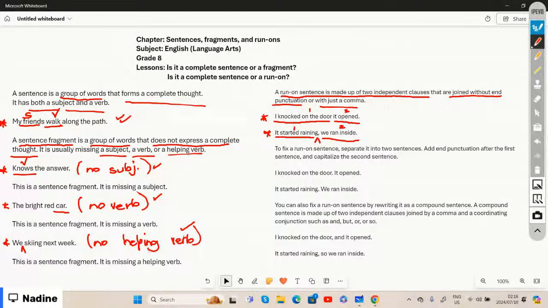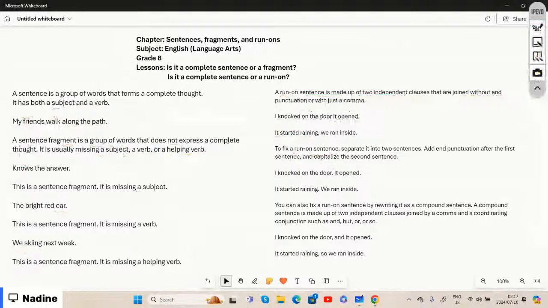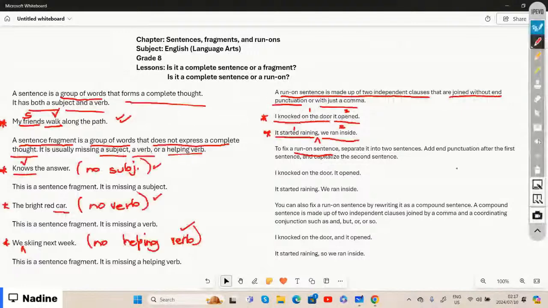All right, so in order to fix our run-on sentences, we need to separate them into two sentences.